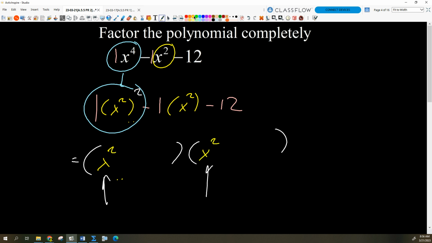Now, Trenton, what do the magic numbers have to multiply to in this trinomial? Negative 12 and add to 1. So what would those be? Okay, everybody buy that? Negative 4 and 3. Okay, good. So it factors. That's how we would have factored that one in Unit 4.